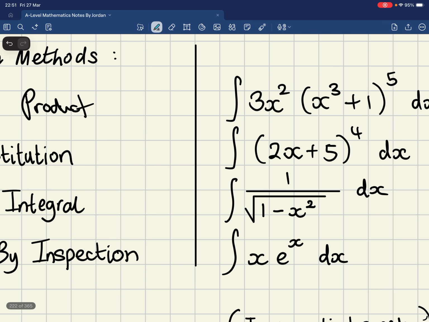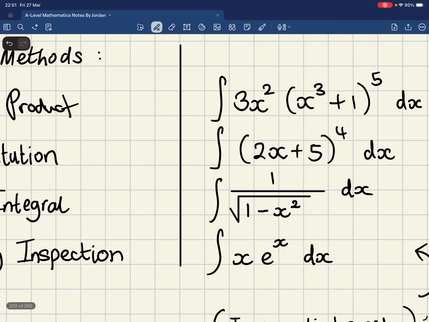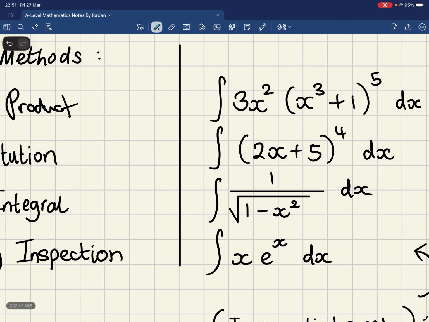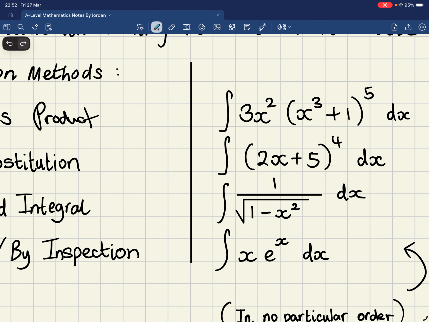Now, one of those is substitution. It will be the top one because the top one has a lot of complexity within its integrand. And also, if you notice this bracket here, if you were to take this derivative, it would give you 3x squared. And that's exactly what you see here at the front. Okay? So, this top one would be substitution.